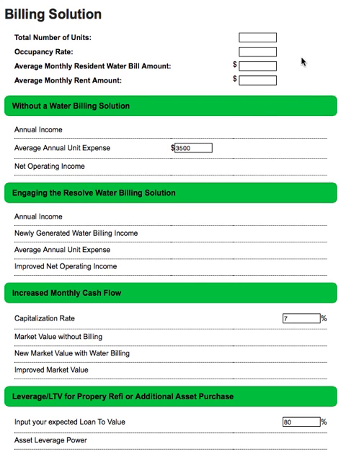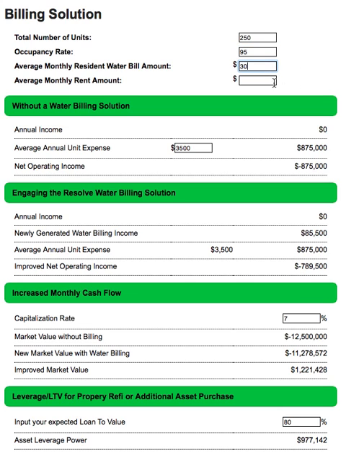If our billing solutions calculator shows, let's just say 250 units within the community at a 95% occupancy rate, and the monthly resident water bill, let's just say, is $30, and the amount of rent on average is $800, you'll see the annual income to be $2.28 million per year.